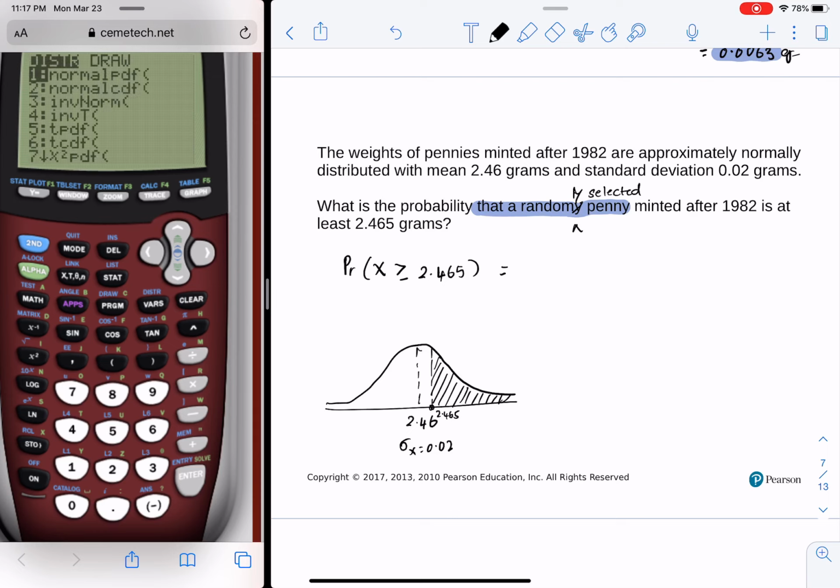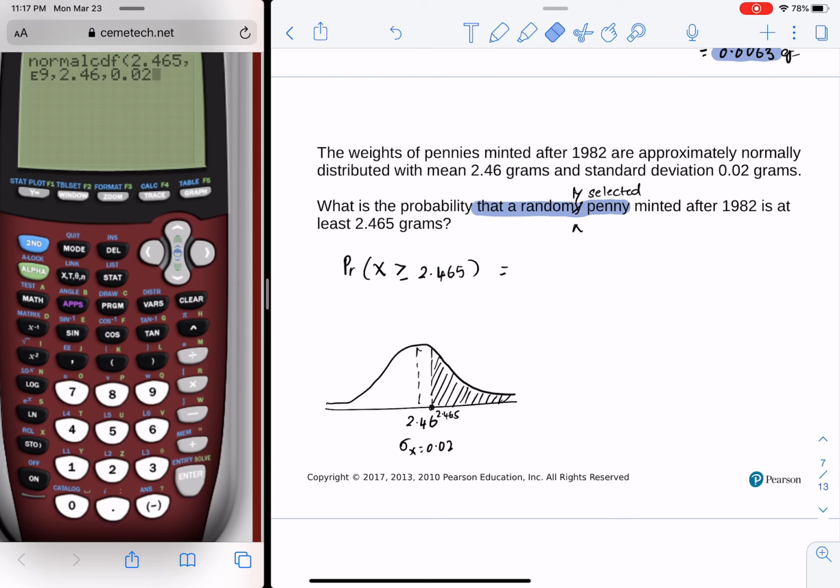Second vars, we start at 2.465, we end at E99, the mean is 2.46, and the standard deviation is 0.02.